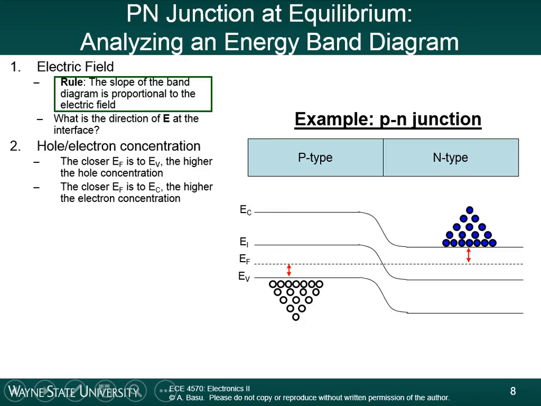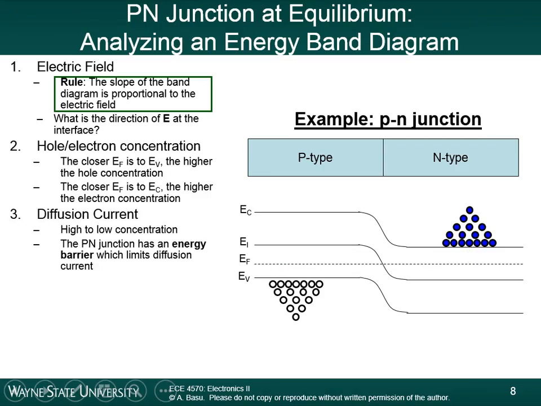At higher energy states, there's less probability of finding an electron, so a larger probability of finding a hole. Remember, the probability of finding a hole is 1 minus the probability of finding an electron. So that's why this triangle is inverted compared to this one. We have this stack representing the electron concentration, and this stack representing the hole concentration.